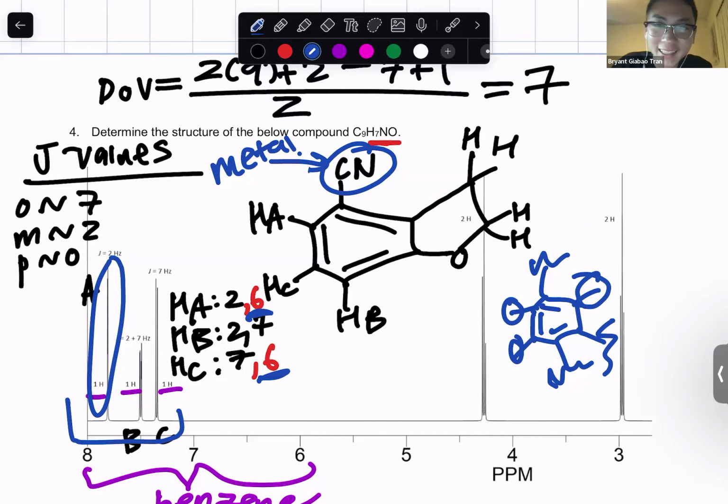Wait, did he change up the key? Let me check. I don't know. Hold on, let me see the HNMR. Oh, it is meta. I didn't even know he posted a key, I don't know when.